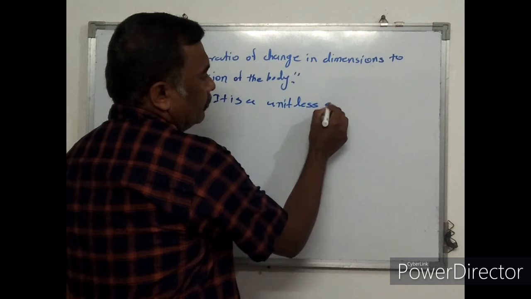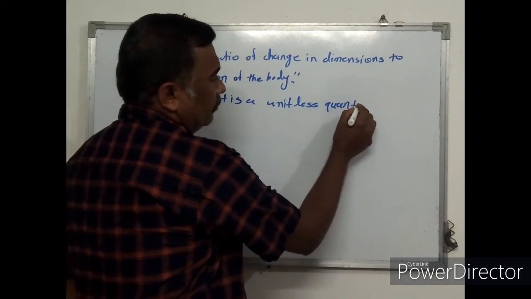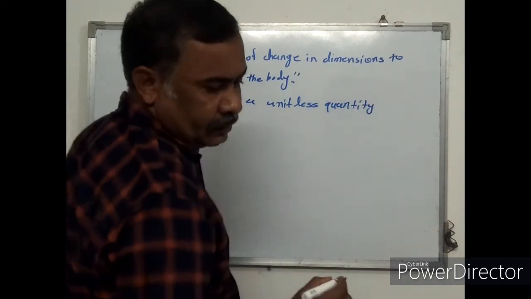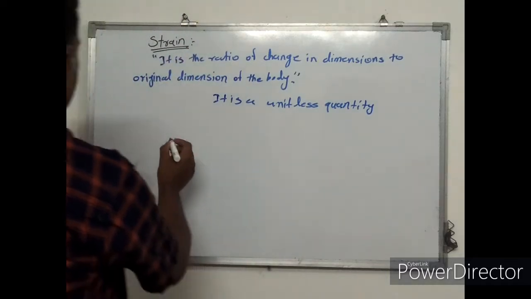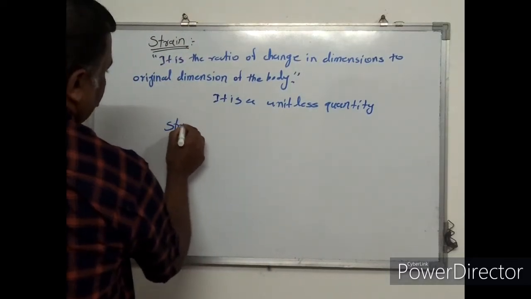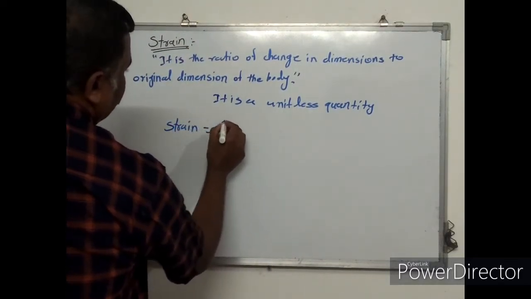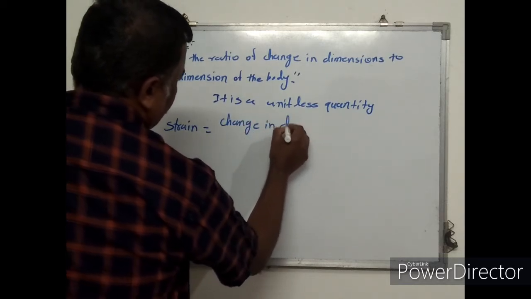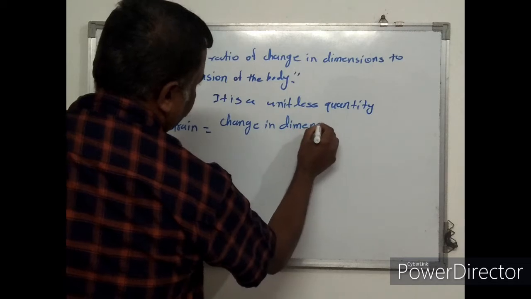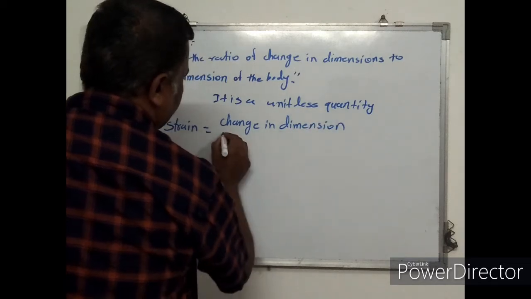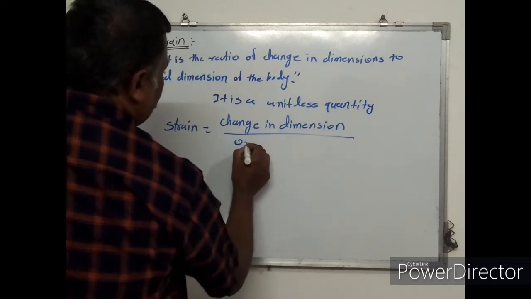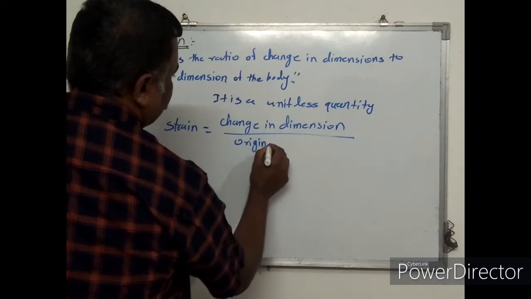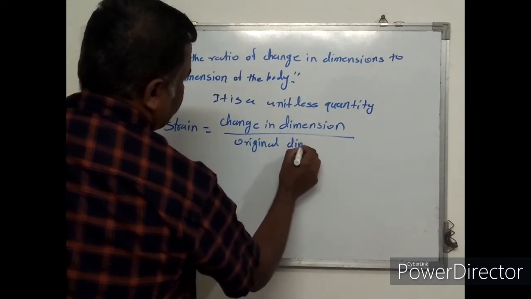Mathematically we can write strain is equal to change in dimension divided by original dimension.